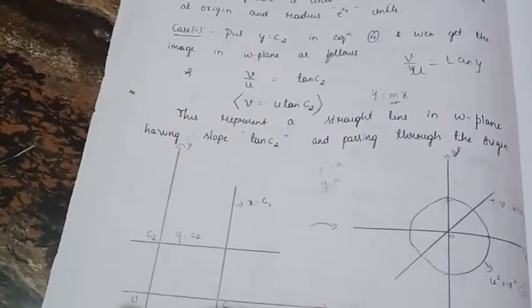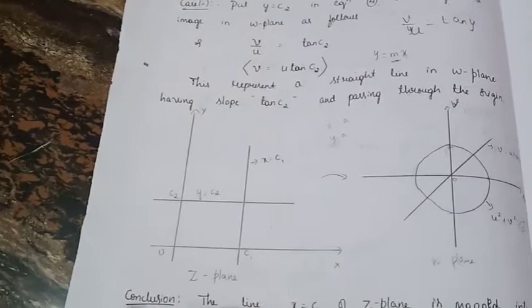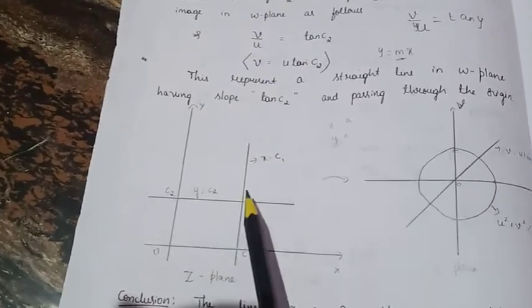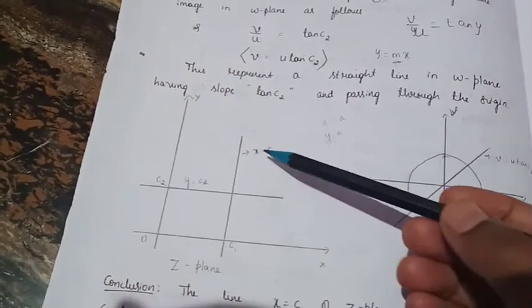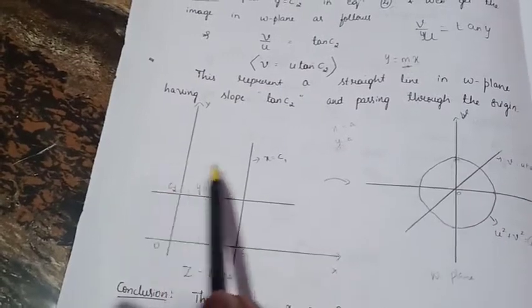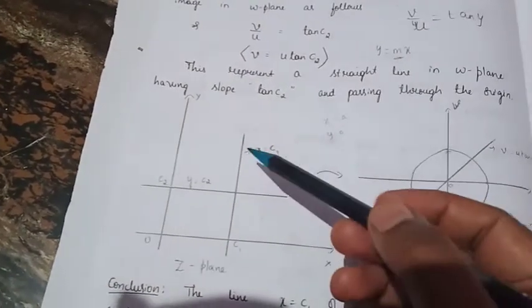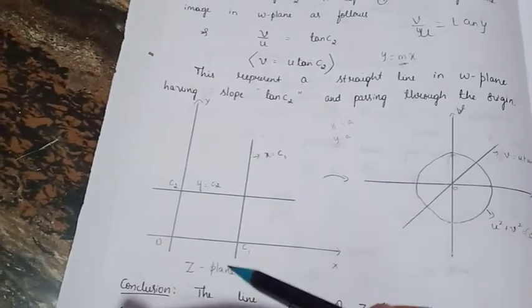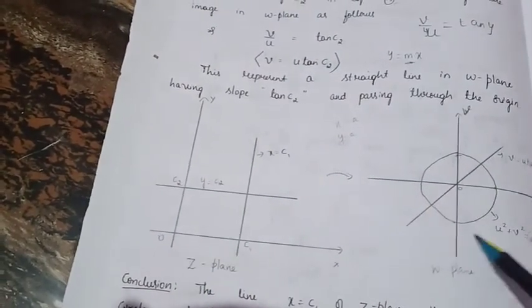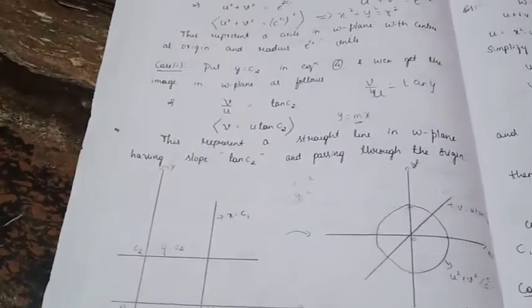So writing its graph, in the z plane I'm considering both the constants, that is x is equal to c1 and y is equal to c2. Corresponding to x is equal to c1, we have a circle, that is u square plus v square is equal to (e power of c1) square in the w plane. So this is the w plane.